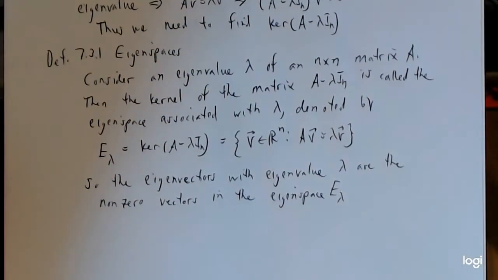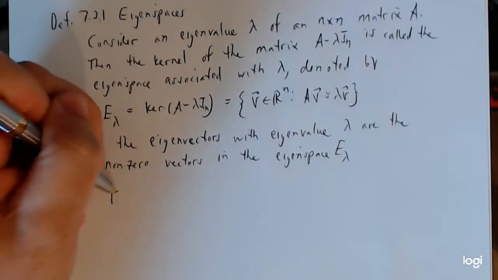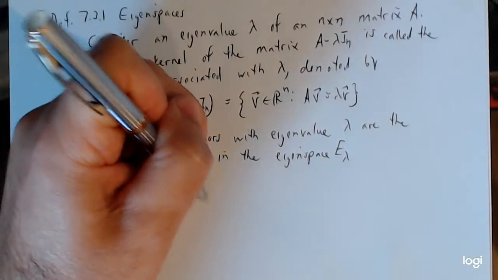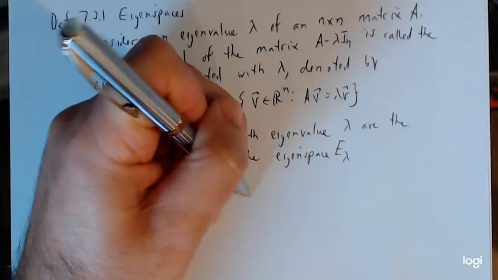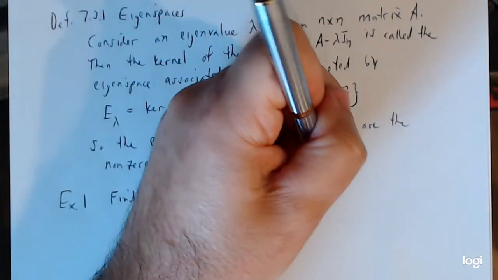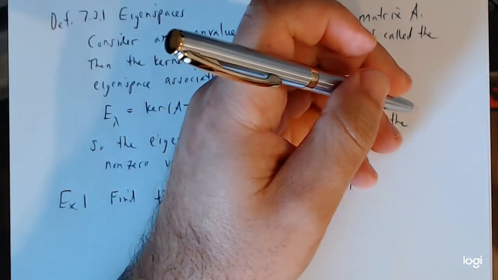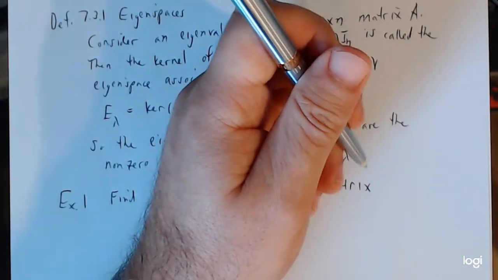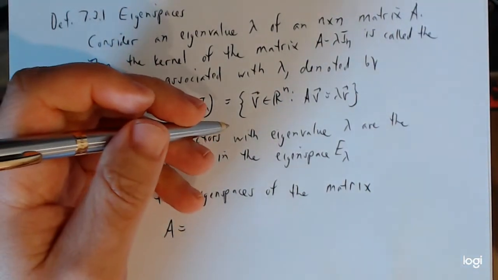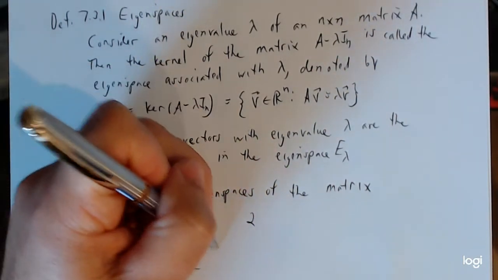Let's look at an example where we're going to do that. For example 1, find the eigenspace of the matrix A, which is [1, 2; 4, 3].